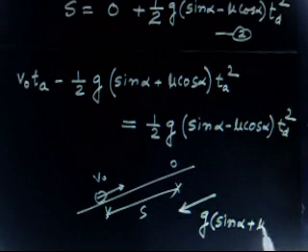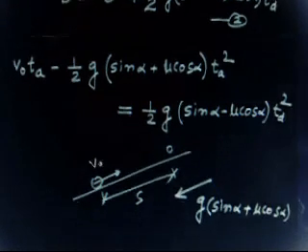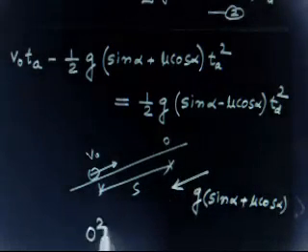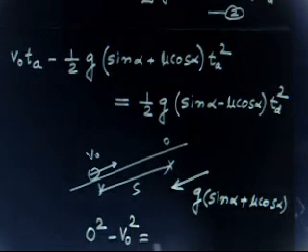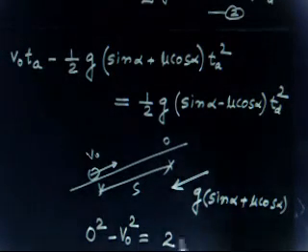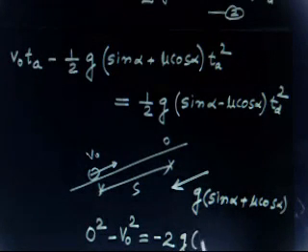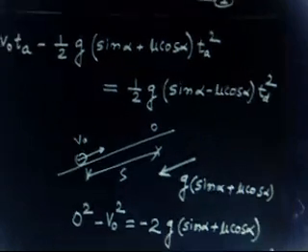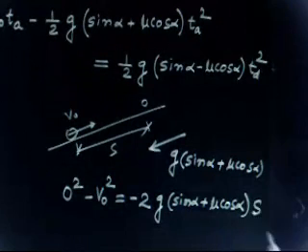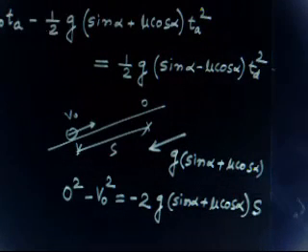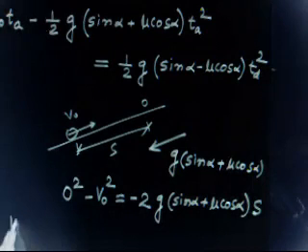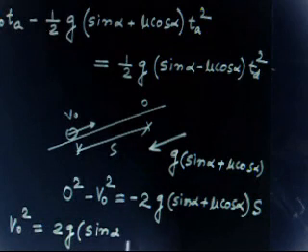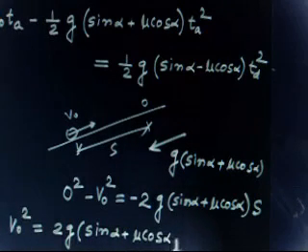So I can apply v square minus u square equals 2as. So 0 square minus u square equals minus 2 g sin alpha plus mu cos alpha into s. So v naught square is equal to 2 g sin alpha plus mu cos alpha into s.